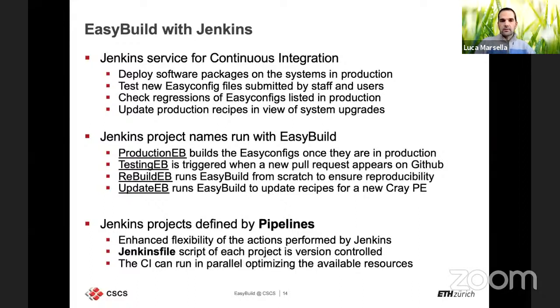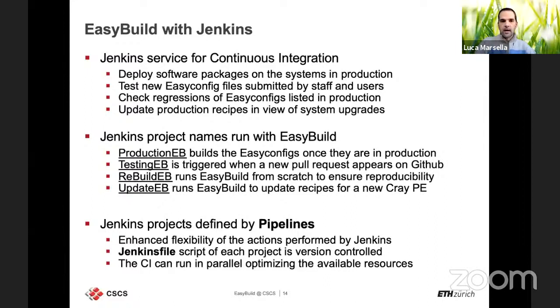The project names in Jenkins that run with EasyBuild are the following. Production EB is the one that builds the EasyConfig files once they are in our production repository. Testing EB is triggered when there is a new pull request appearing on GitHub. Then we have the new rebuild EB that rebuilds stuff from scratch, also checking, for instance, the downloads for broken links and so on to ensure reproducibility.